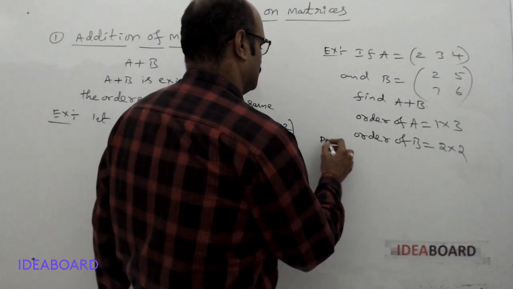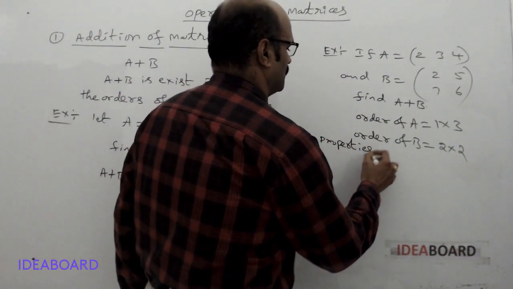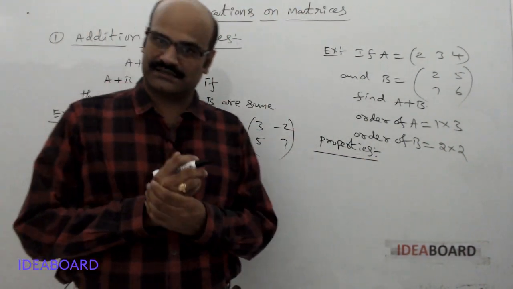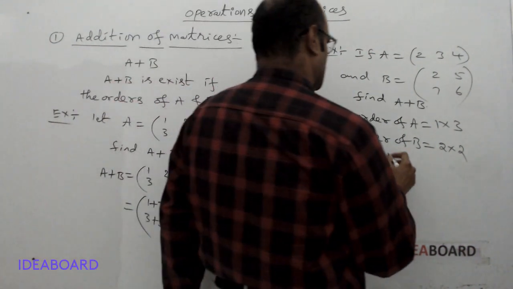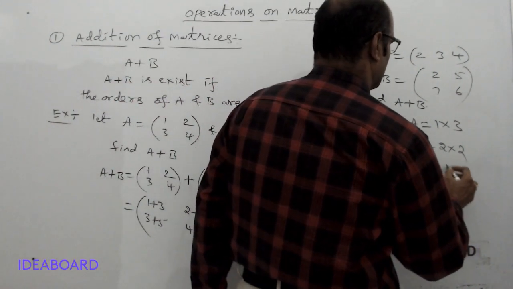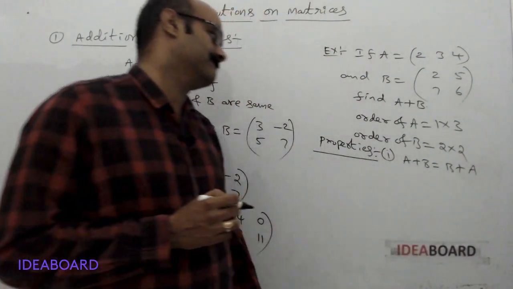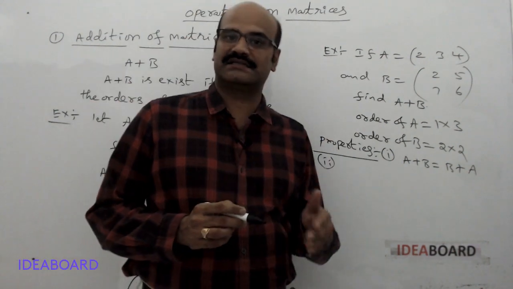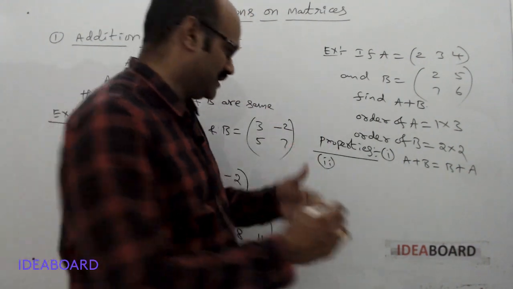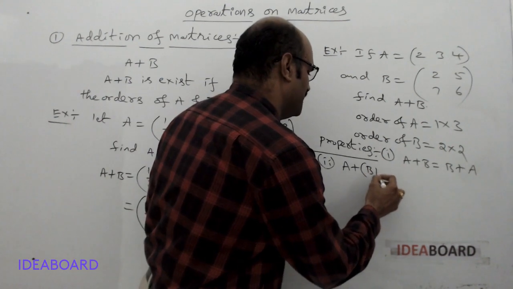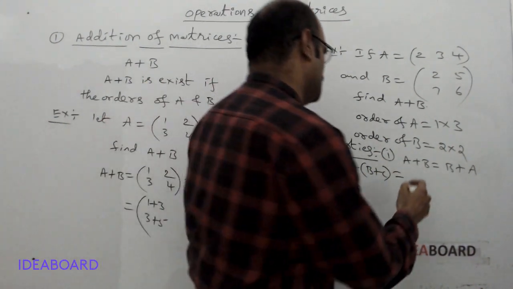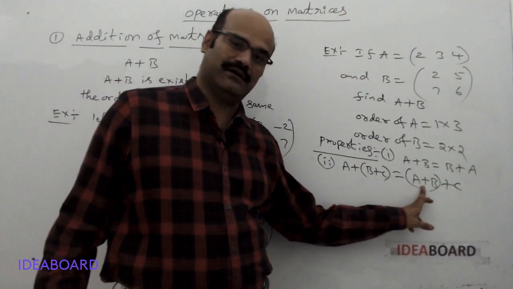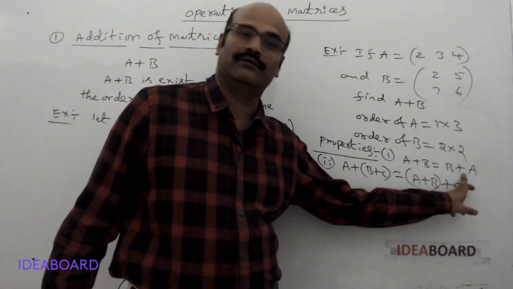Properties. If A and B are any two matrices, then A plus B is always equal to B plus A. Second one, if A, B and C be any three matrices, then A plus B plus C is always equal to A plus B plus C. This is called associative law and this is called commutative law.